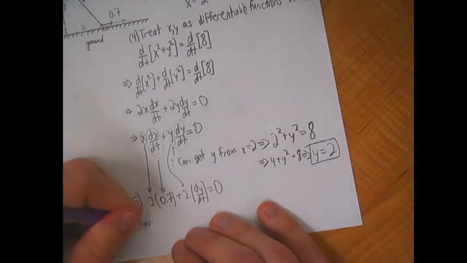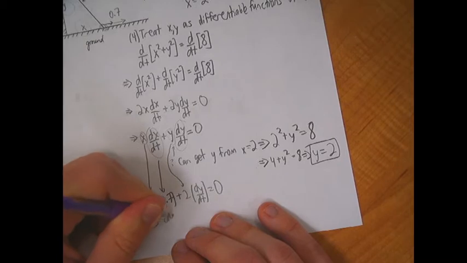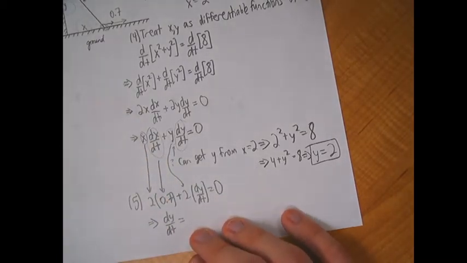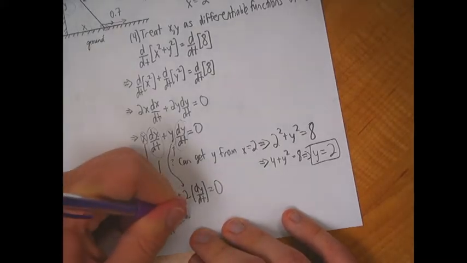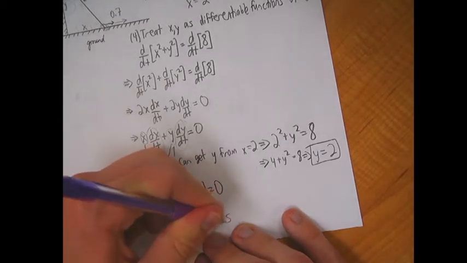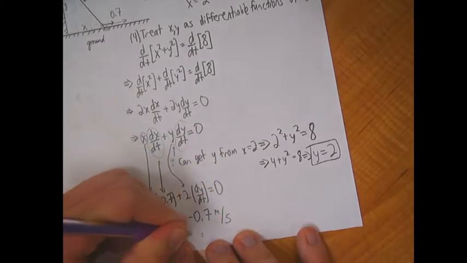So from this, you should be able to pretty quickly see that dy dt at this moment in time becomes what? Yep, negative 0.7. Good. Meters per second, because that's our units given in the problem.